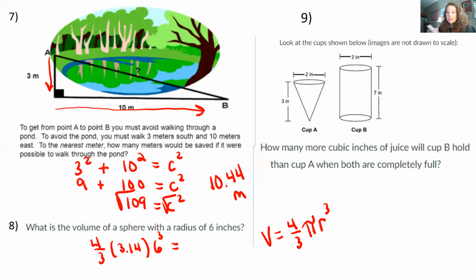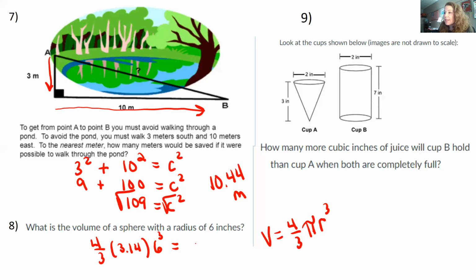And one thing about these calculators I love, you can just put that straight into your calculator. 4/3, the fraction, times 3.14 times 6 raised to the 3rd power. And I know you have a pi button on your calculator, but just to make sure we all have the same answers, don't use that. Unless it tells you, we're always going to use 3.14 for pi.